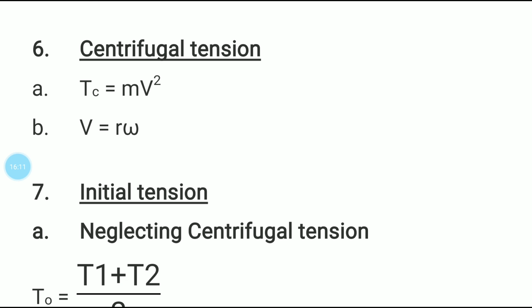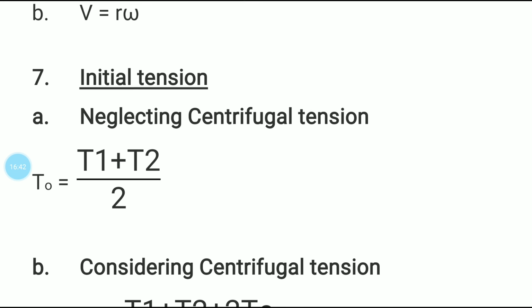Centrifugal tension Tc is equal to m v squared. Here m is mass and v is the linear velocity. Mass, as you already know, m equal to rho into b into t into l, the mass of the belt. V is the linear velocity of the belt, V equal to r omega. R is radius and omega means angular velocity.